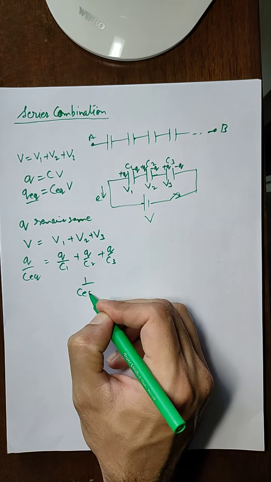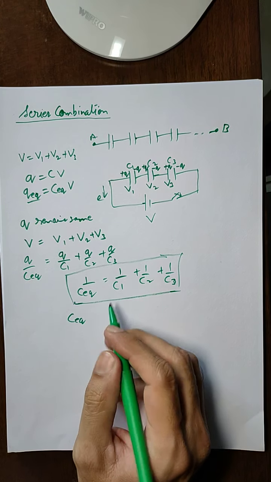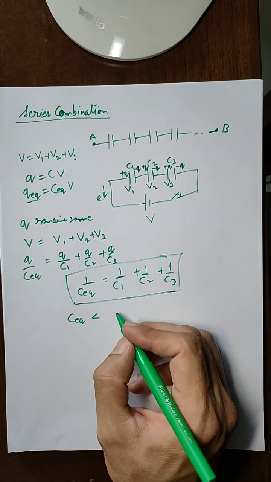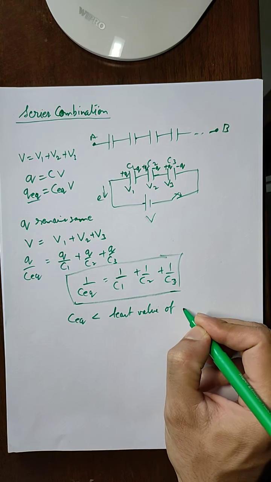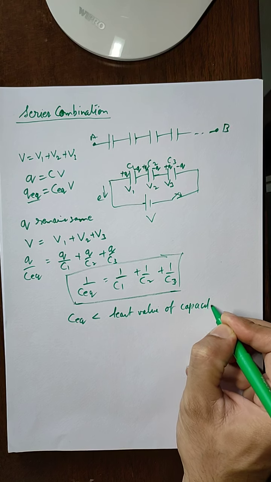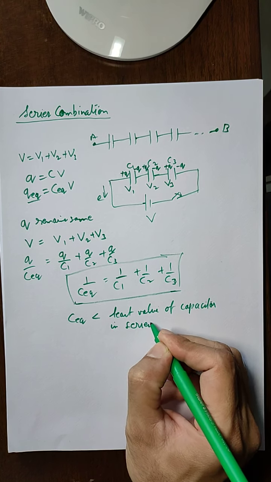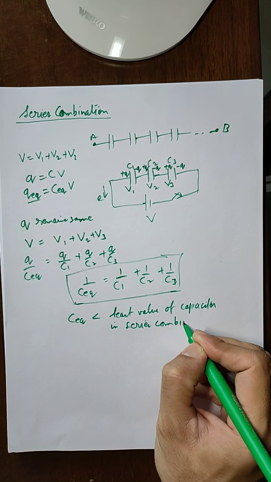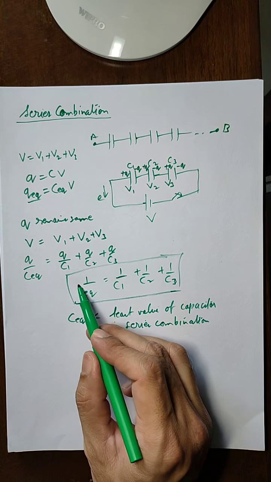Now one important thing to note is that the equivalent capacitance will be less than the least value of a capacitor in series combination, because we are adding all the reciprocals.